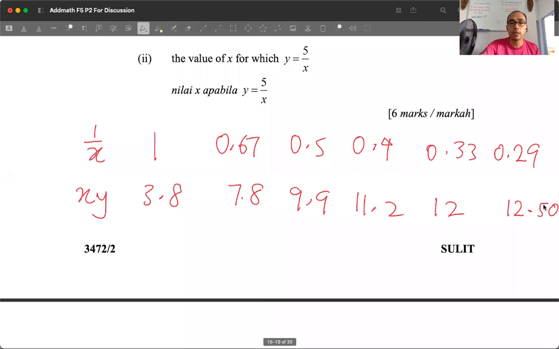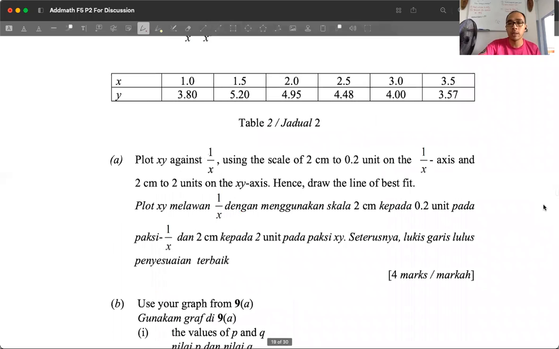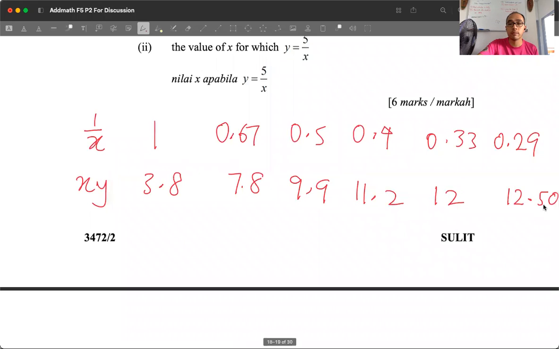Hold on, let me just check something. 3.5 times 3.57 is 12.495. Okay. All right. So roughly around here lah. So if you round off wrongly, there are no marks. Round off early, meaning which one?